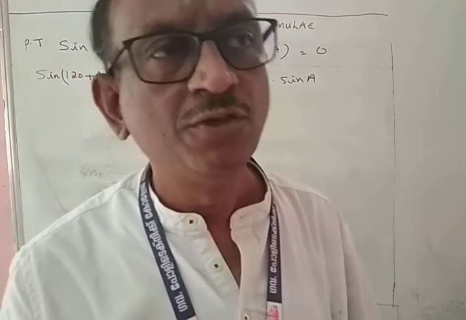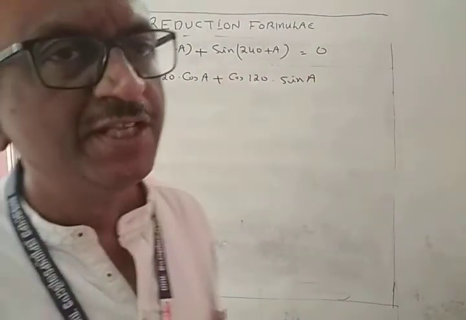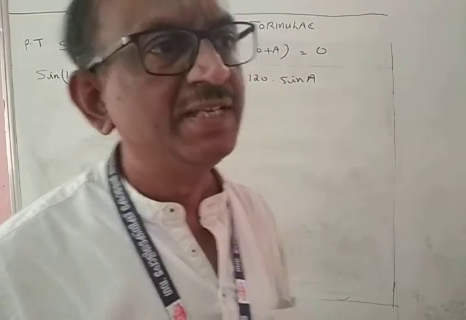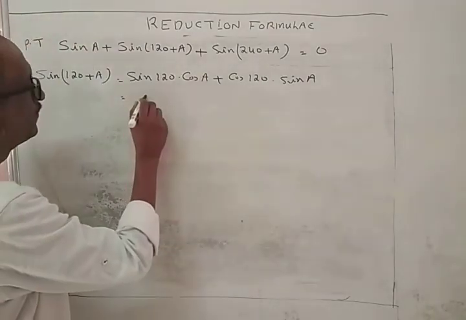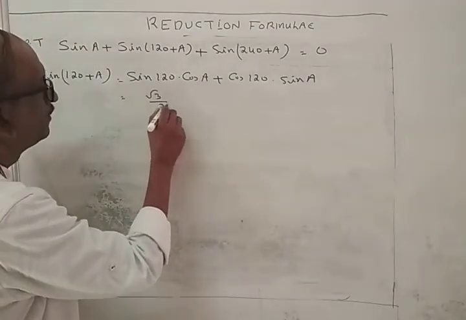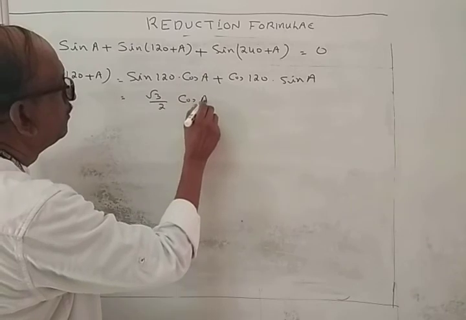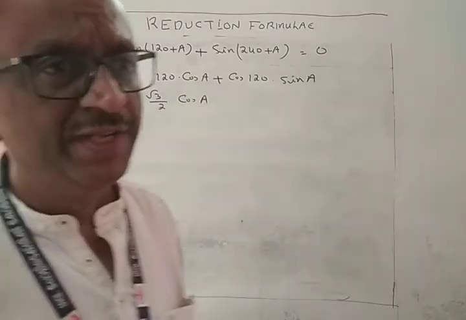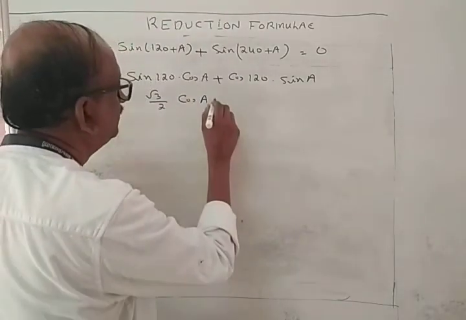Already solved those problems. Sin 120 is sin 180 minus 60, sin 60, root 3 by 2. Cos 120 is minus 1 by 2.